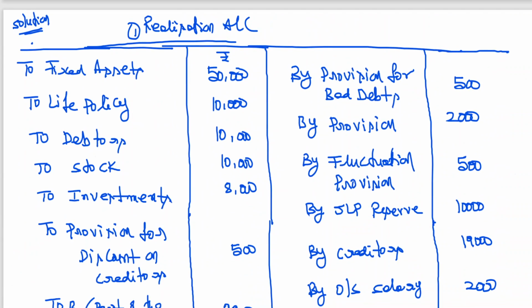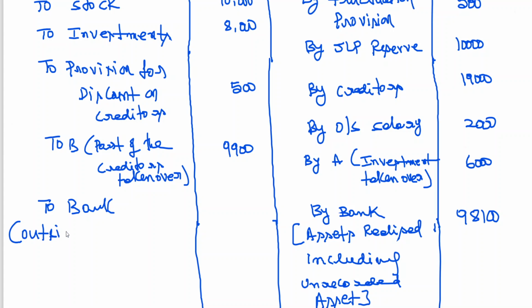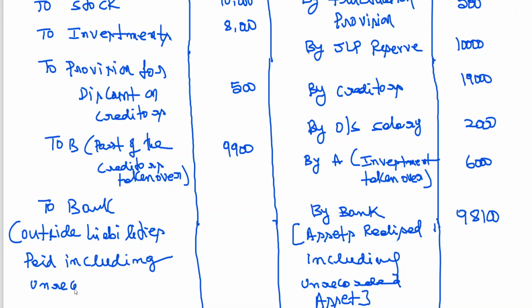So realization to bank, outside liabilities paid including unrecorded liability, it is coming to 12,000 rupees. Clear to all of you?